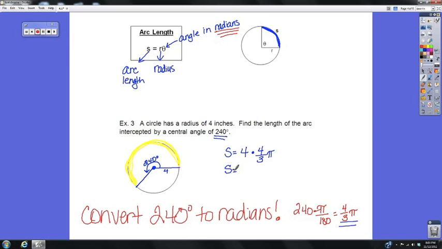And this would be, I'm going to change those to little squiggly equal signs because it's approximately 16.76 inches. So around the outside here, that is approximately 16.76 inches. It's not inches squared because it's not area. It's approximately 16.76 inches. This would be 16/3 pi.